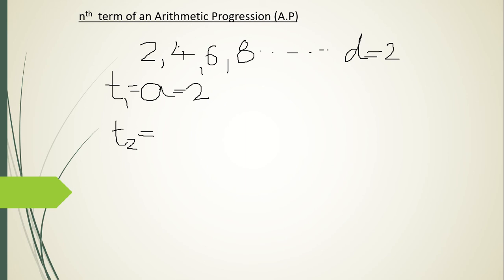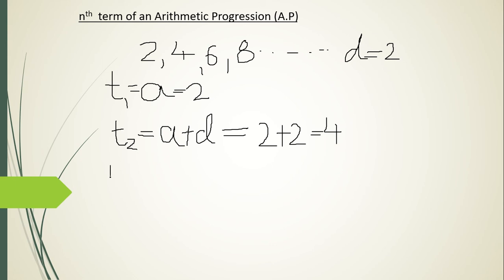So I'm going on adding 2: plus 2 in 2 I get 4, plus 2 in 4 I get 6, plus 2 in 6 I get 8. So I go on adding the difference to the consecutive numbers. Here I will do A plus the difference D in order to get the second term. A is 2, and in that I add the difference 2, then I get the number 4, right?